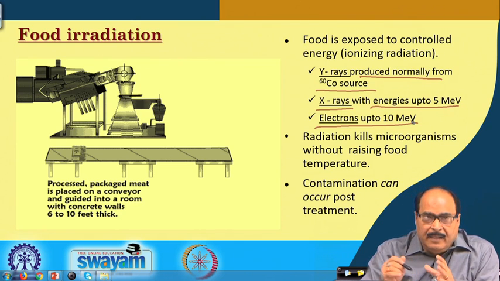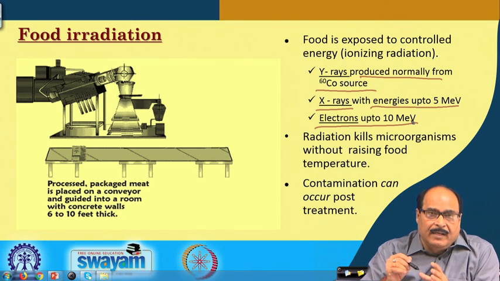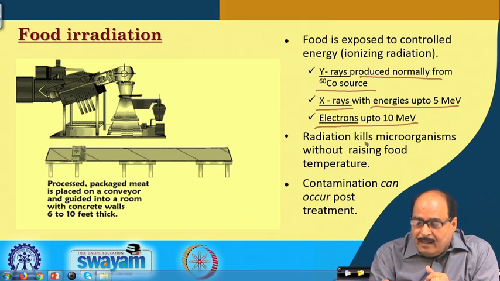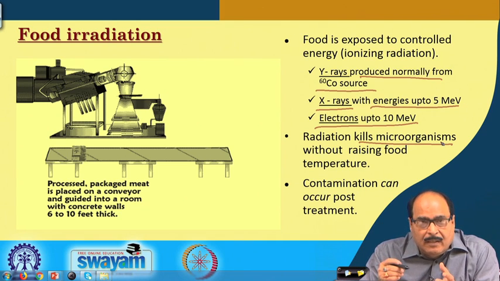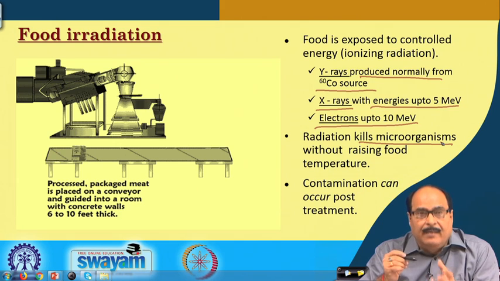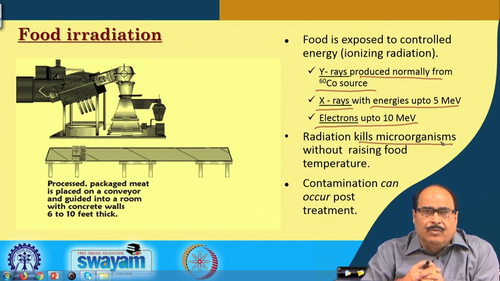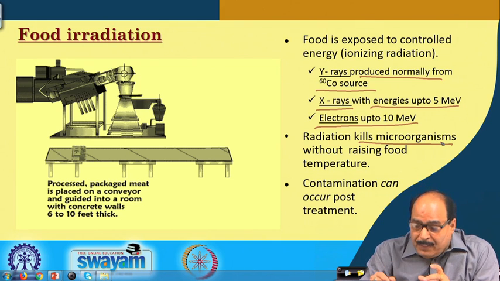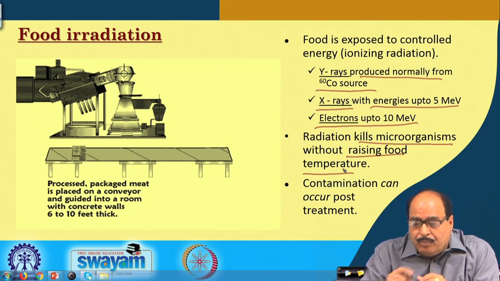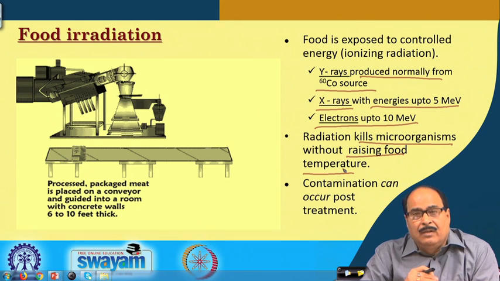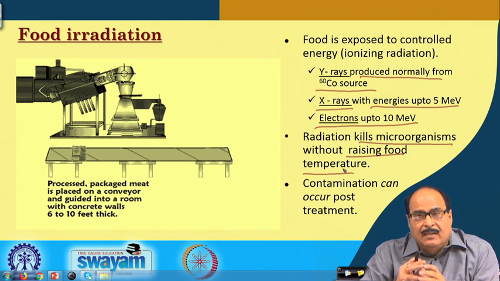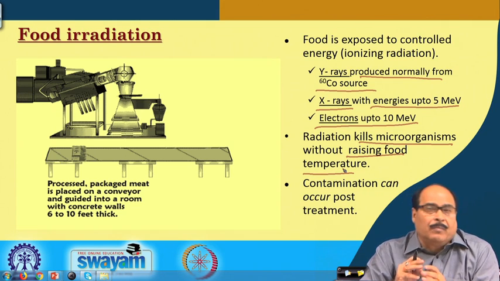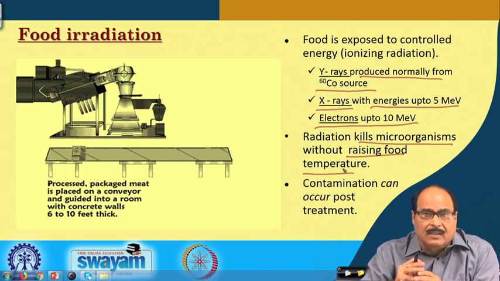And these ionizing radiations kill microorganisms, inactivate proteins and enzymes, or destroy other causative agents or inhibitory factors to spoilage without raising the temperature of the food. It is considered to be a cold process, a non-thermal process.